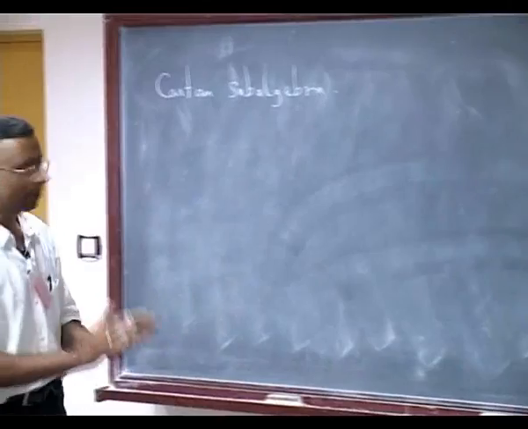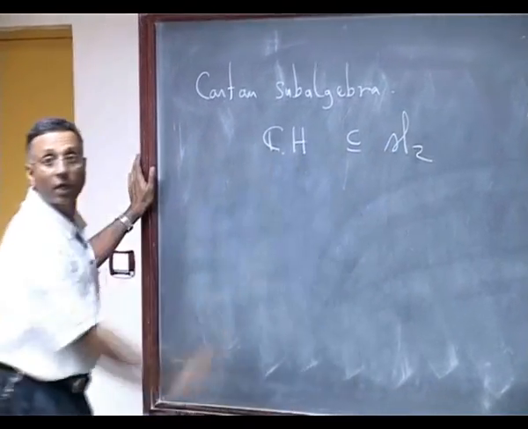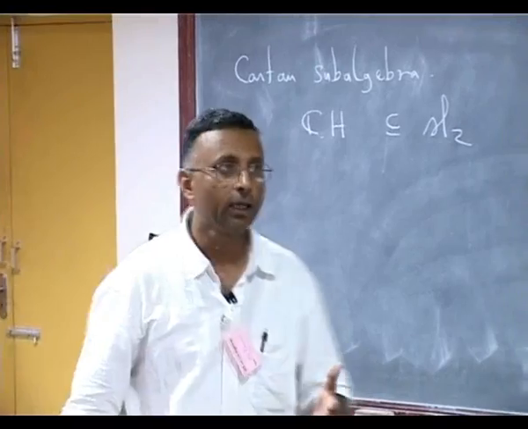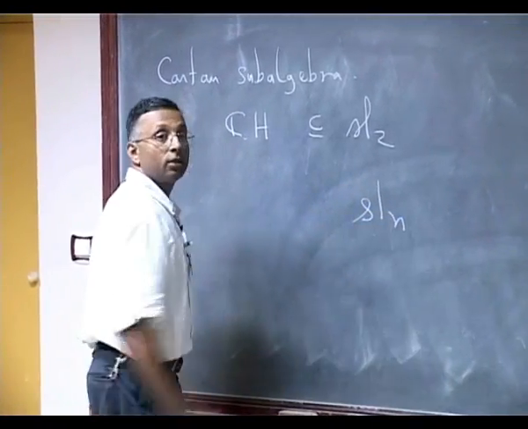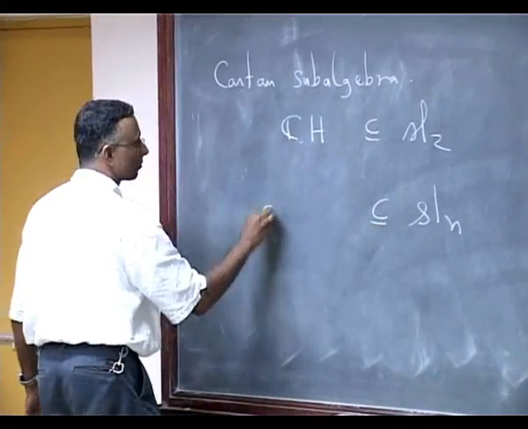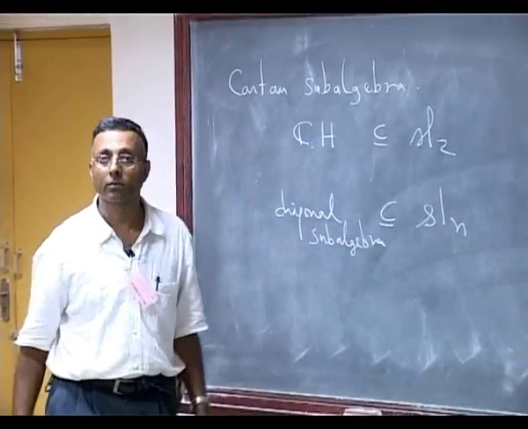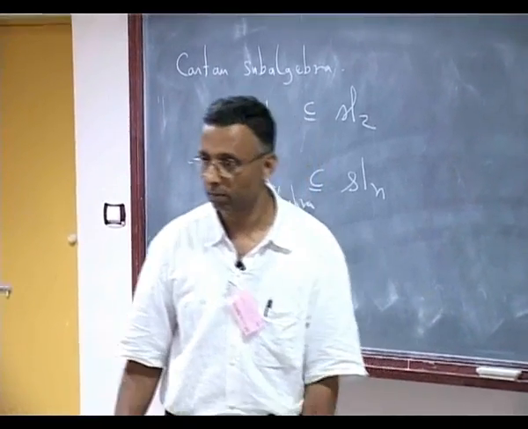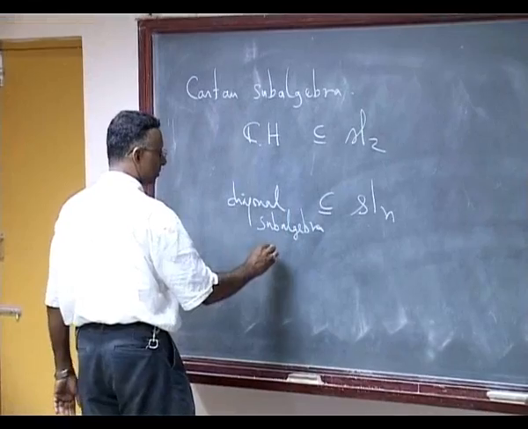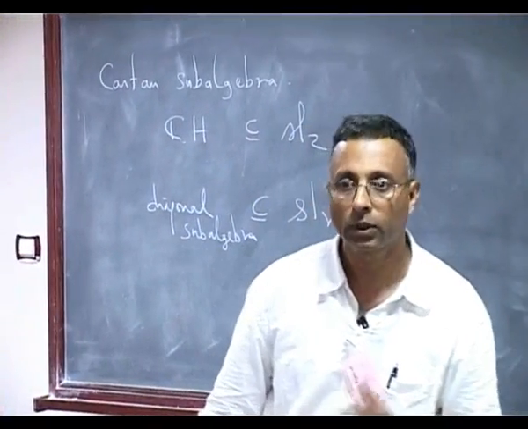In our case, the good choice is this one-dimensional space spanned by H. More generally, if you are in SLN, which is the Lie algebra of n cross n traceless matrices, then the diagonal traceless matrices will be a choice of Cartan subalgebra.